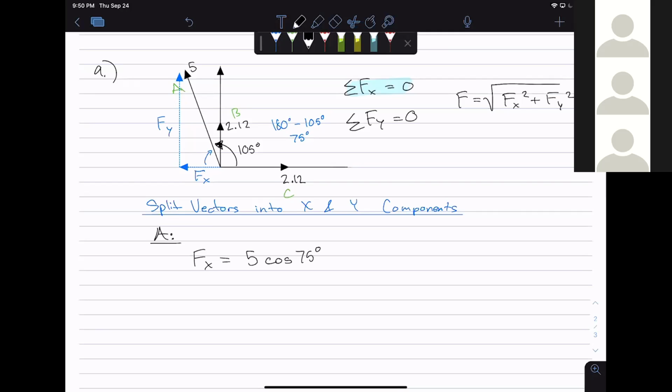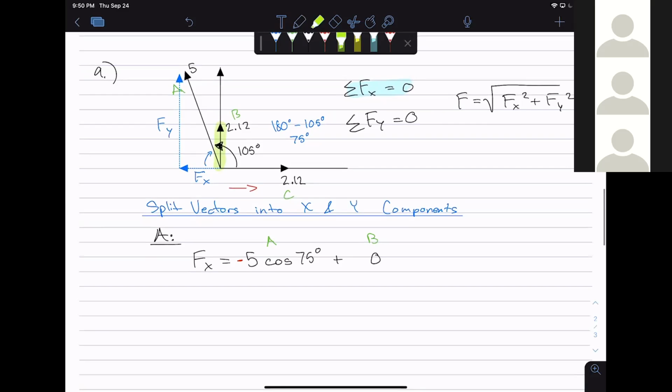Then, that's also going the opposite direction of this vector right here, so what you're going to have to do in this case is put a negative in front of that. And you also have the magnitude of C. So if I were to color code it, this is the magnitude of A, and we have to do it in order. For B, there is no x magnitude, because that is solely a y vector.